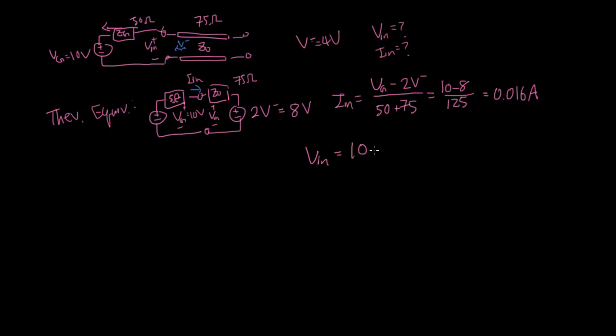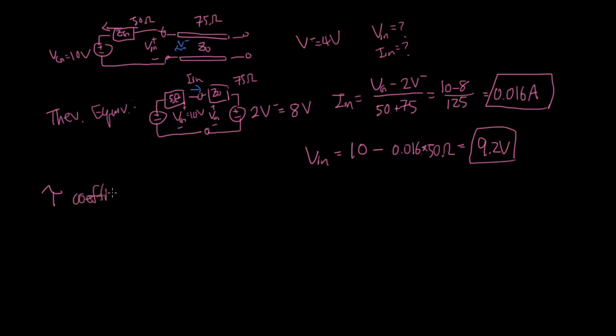So that's going to be 10 volts minus 0.016 amps, leaving out the units, times this resistor, 50 ohms, and that comes out to be 9.2 volts. So this is what the voltage and the current actually are if you measure here in response to this negative wave coming in.